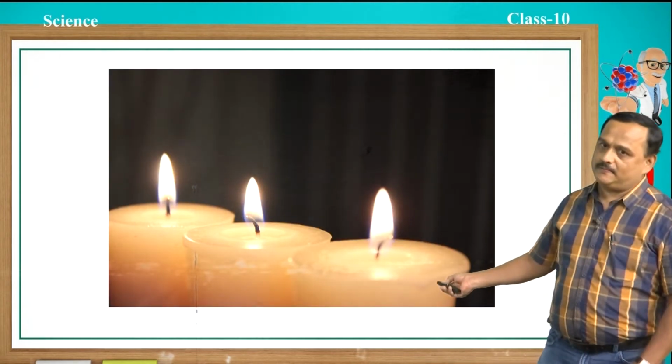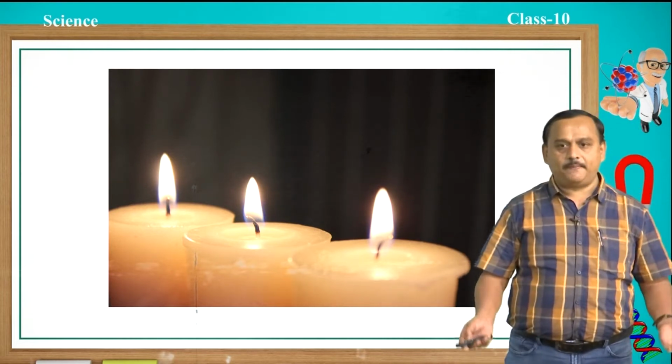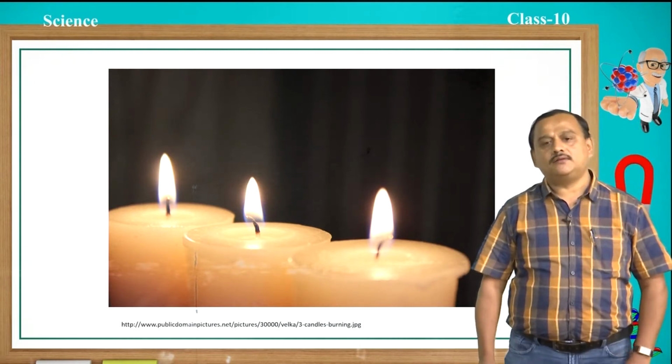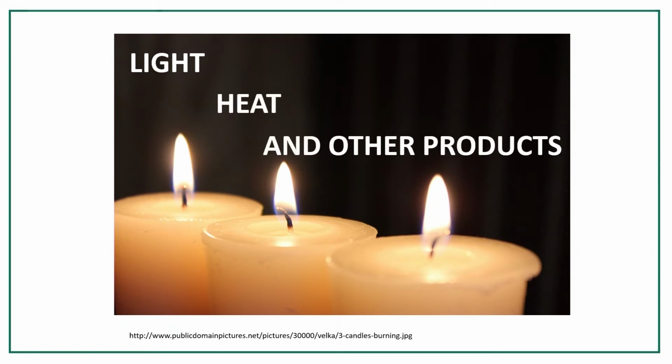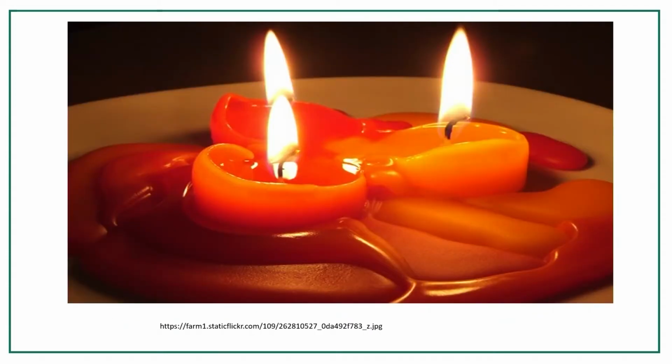Here is a candle. 3 candles are there and they are burning. When they burn, the chemical energy of the candles gets converted into light energy, heat energy, and some other products. But after some time, the candle burns away and we are left with a little melted wax.